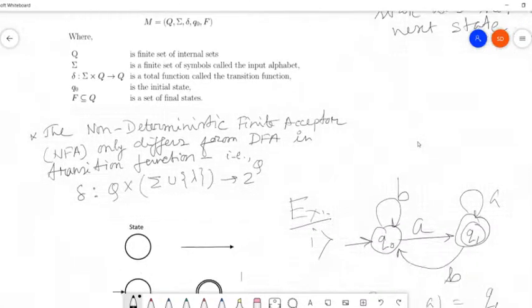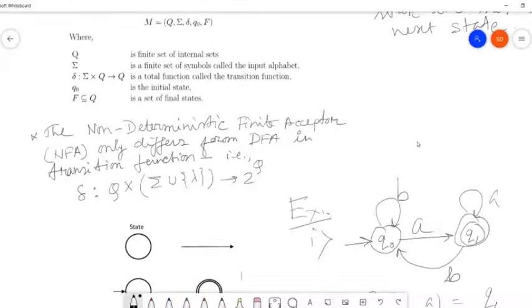So the definition for NFA, or non-deterministic finite acceptor, only changes at the transition function, where the input symbol for the transition can be an empty string or any valid input symbol, and it can go to more than one state, with the number of possible target sets at most 2 to the power of |Q|.